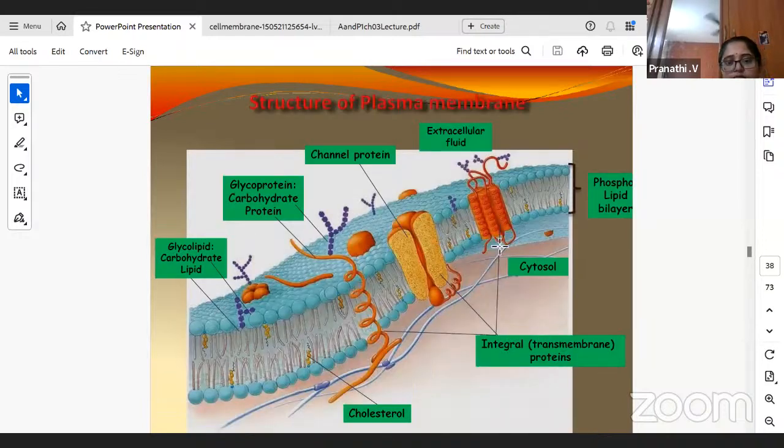Structure, like I told you. Integral protein, that is your transmembrane protein. And you have the glycoproteins having a carbohydrate moiety. Glycolipids, so carbohydrate moiety present on the lipids. And then you have the cholesterol molecule. This is the hydrophobic moiety. This is the hydrophilic moiety.